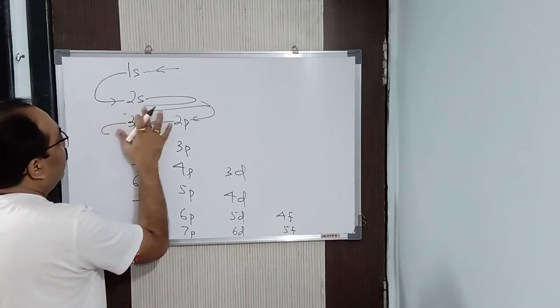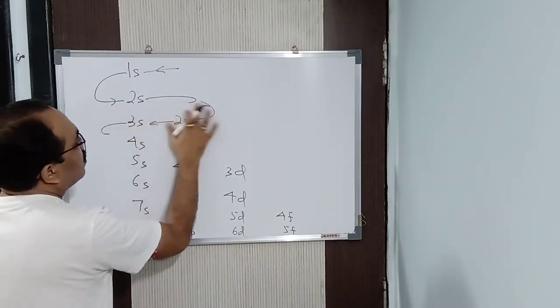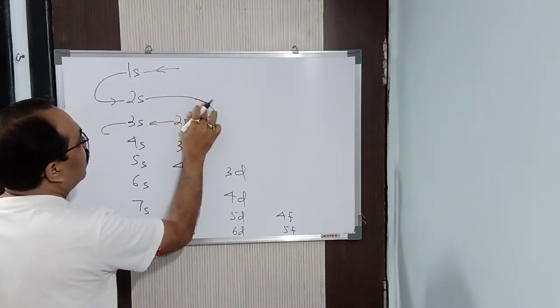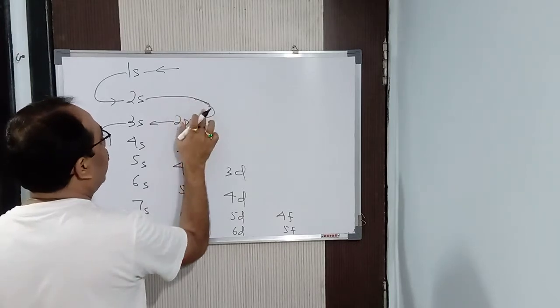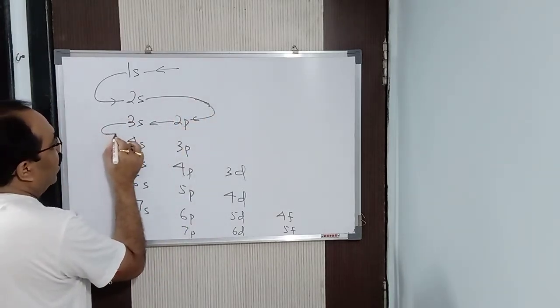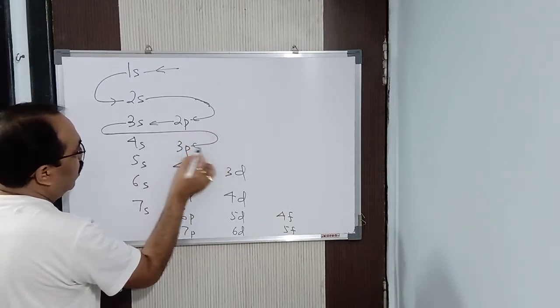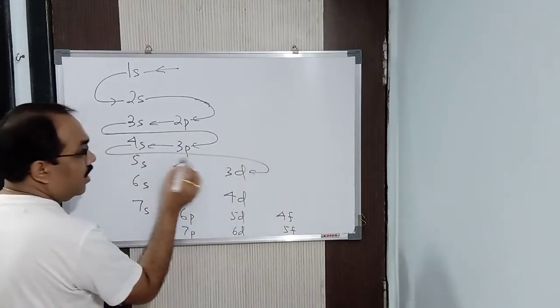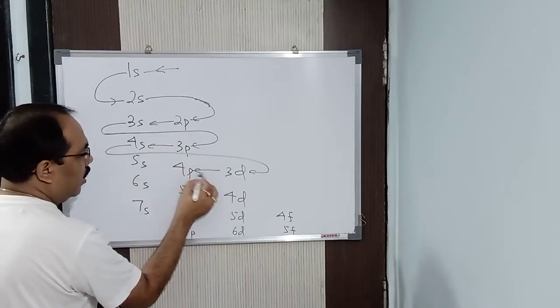So directly you do this: 2s, then after that you come to 2p, then 3s, then from the middle, then 3p, 4s, 3d. For that reason I asked you to leave the line in the middle.